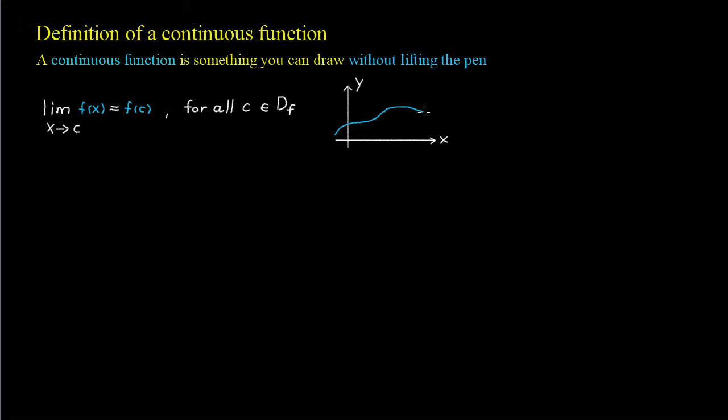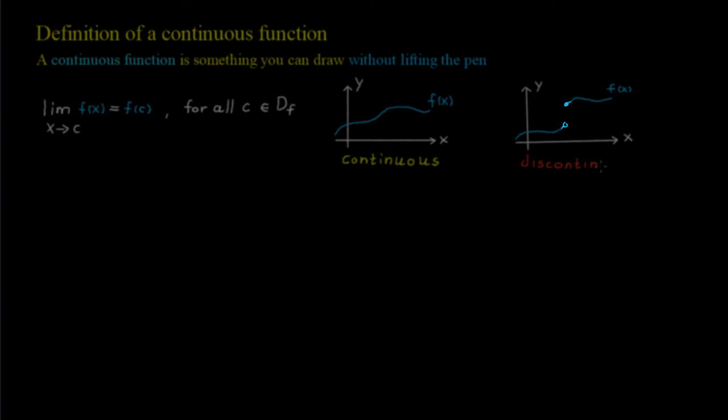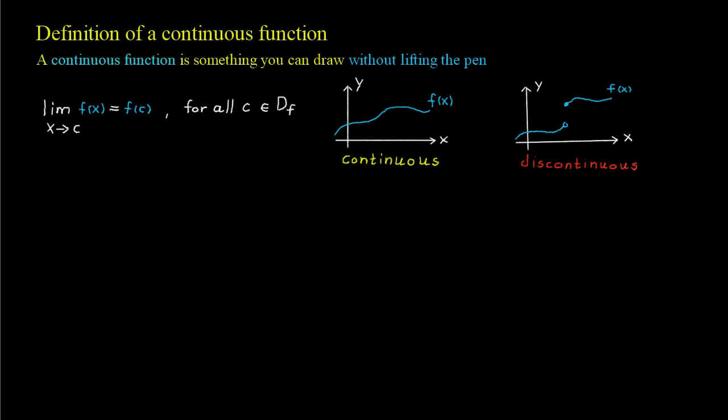If you are able to draw a function without lifting your pen, the function is continuous. But if you cannot draw the function without lifting a pen, the function is called discontinuous. And a typical discontinuous function could look something like this.